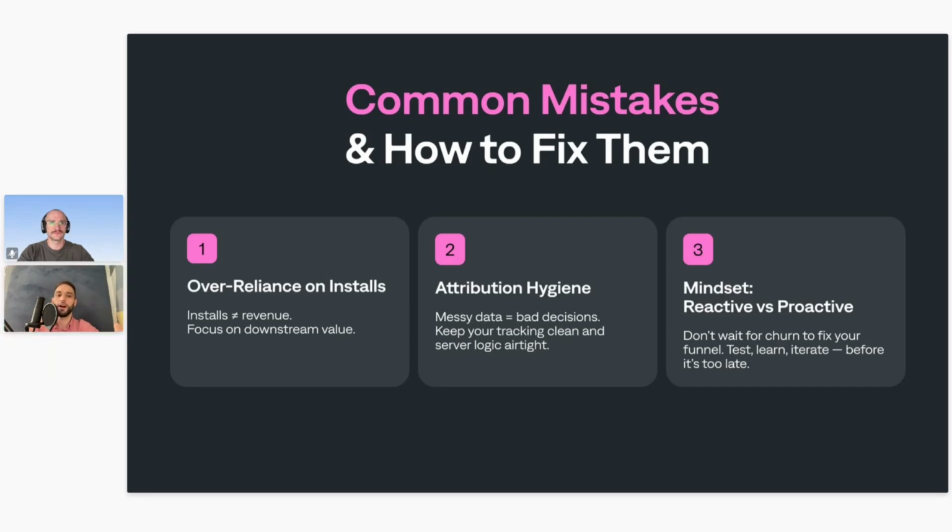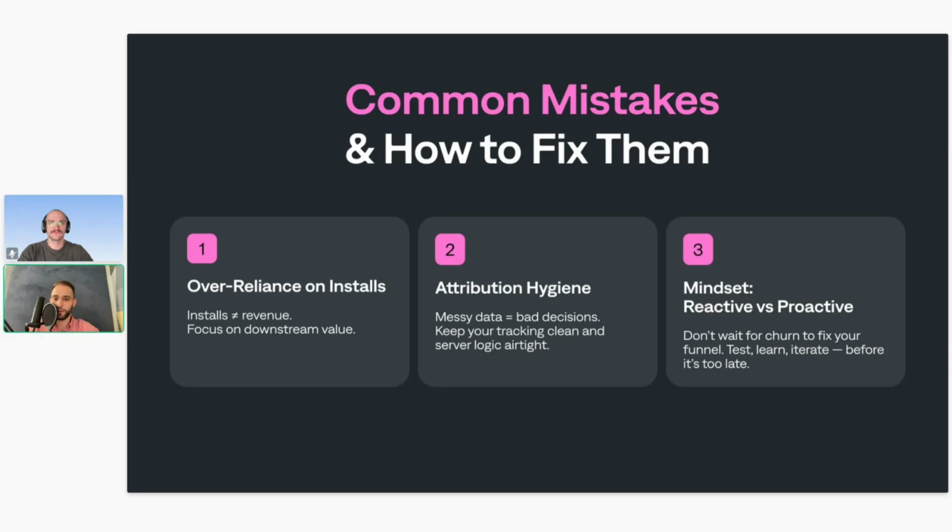You can use leading indicators like trial start rate or day one retention as early warning signs, and you can also look for drops in LTV before churn shows up. This proactive approach saves money, improves campaign health, and ultimately boosts retention and revenue.